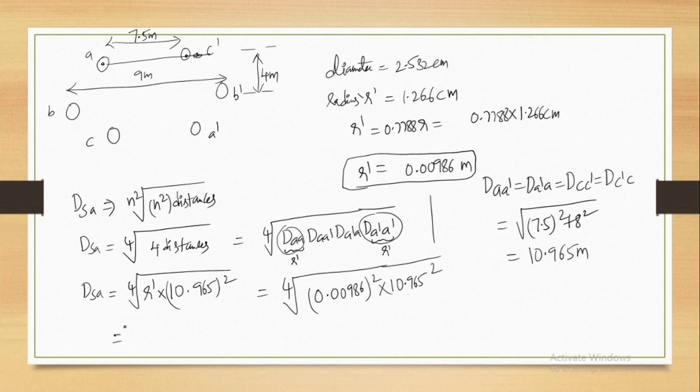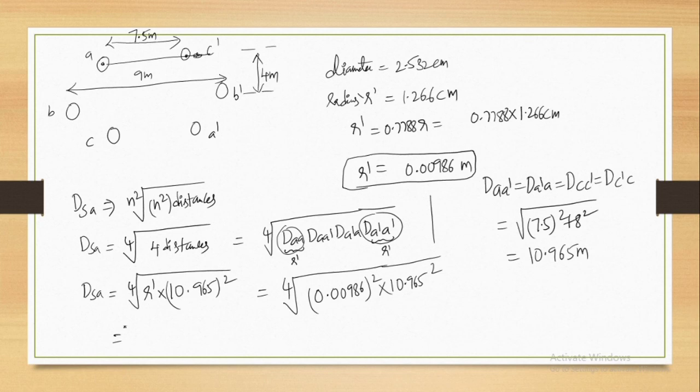Now what is DSA value? If you evaluate DSA value, it comes out to be 0.3288.